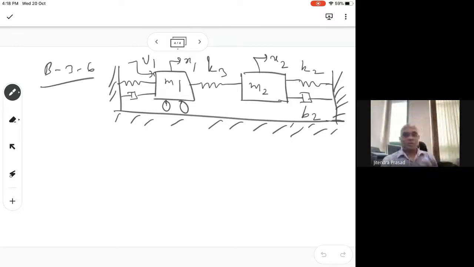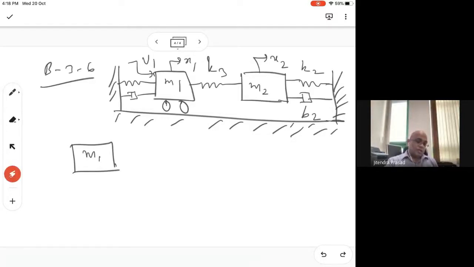Now, if you see the first mass, M1, you do the same kind of analysis as earlier, like you have done in the vibration section. If it moves by x1, then what happens?